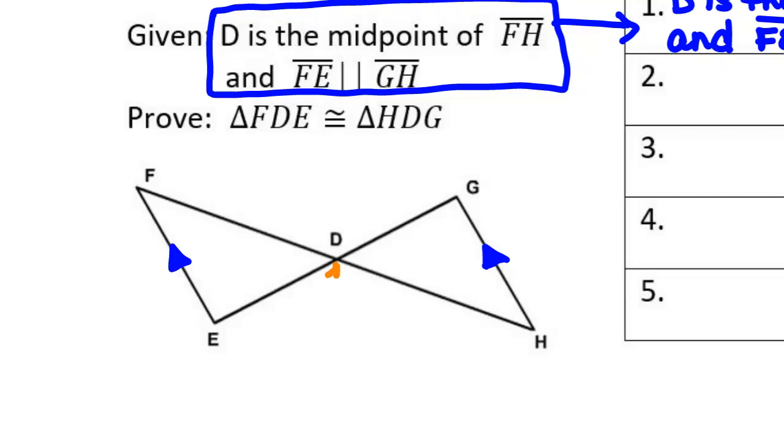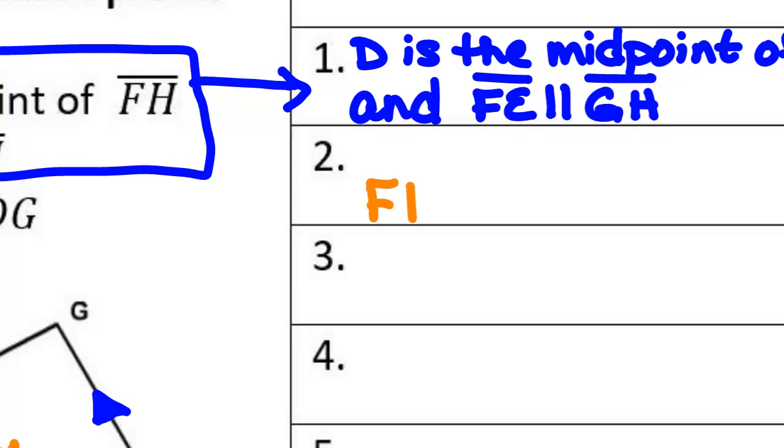Well, if D is the midpoint of FH, then what do I know that I could write down about things that are congruent? Yes, FD and DH are congruent. FD is congruent to DH.